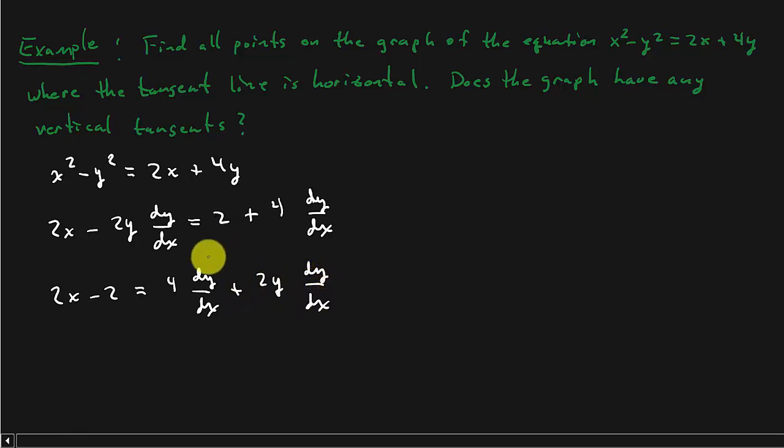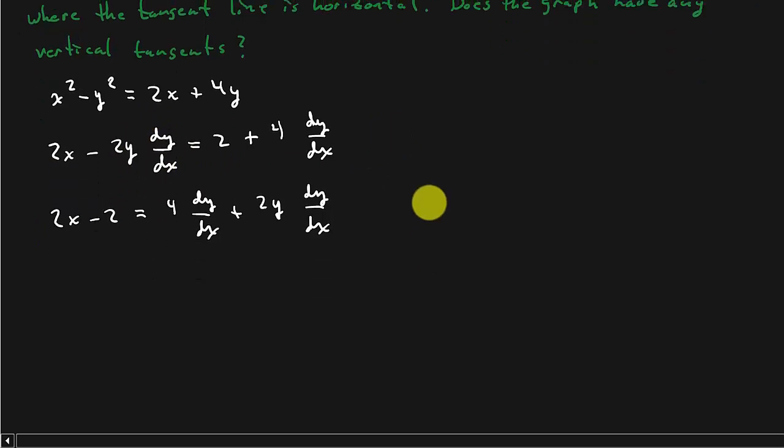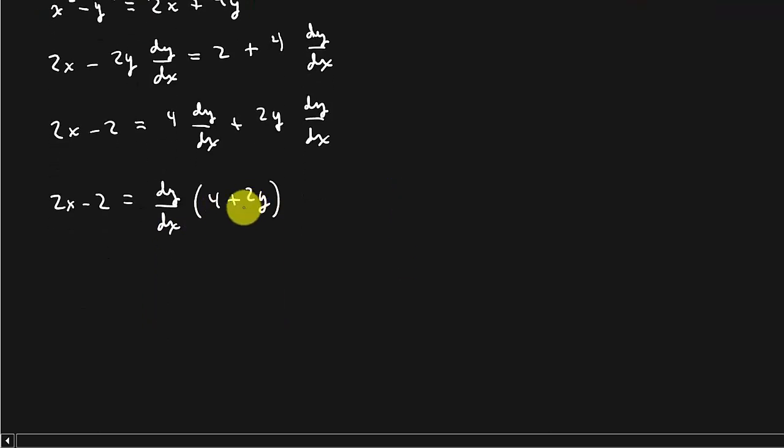So I move the 2 over here and I move this term over here. And so that's going to give me 2x minus 2 equals dy dx times 4 plus 2y. And then divide both sides by this. That's going to give me dy dx is equal to 2x minus 2 over 4 plus 2y.